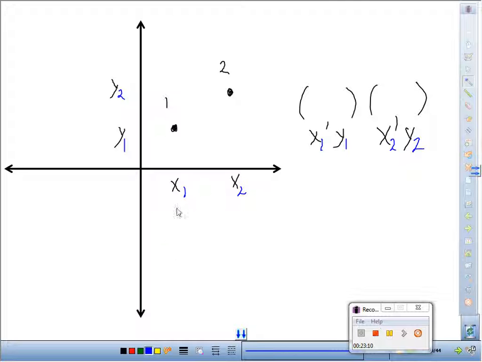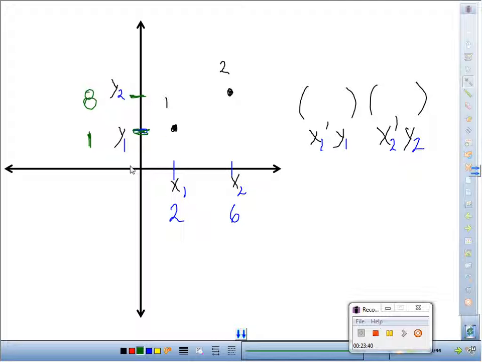So, now let me give you some values. Pay attention, please. Let's say I gave you the x value for this one that it's 2, and the value for this one that is 6. And what if I said that the values for y, for this one it was 1, and this one was 8.